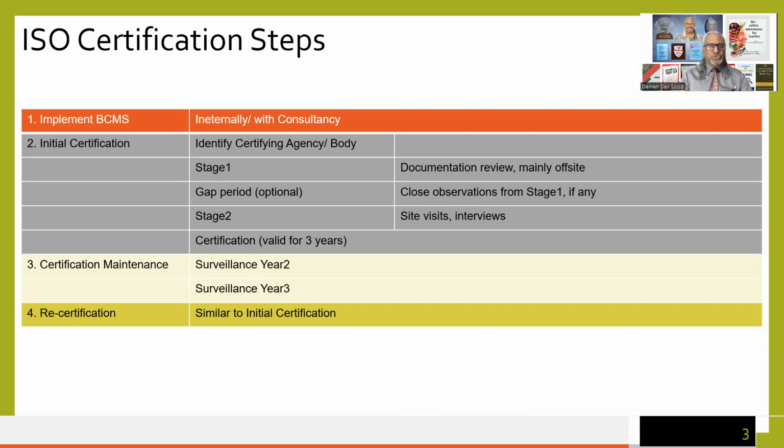Every year for the next 2 years, there will be a surveillance audit or assessment, in year 2 and year 3, which is a little relaxed compared to the initial certification assessment. And after this, so 3 years gone, the 4th year will be a recertification, and the process steps will be similar to what the initial certification was. So this is the certification process for an ISO standard.